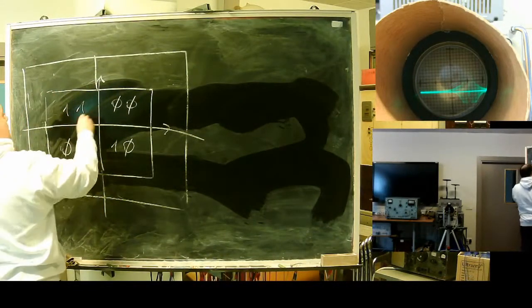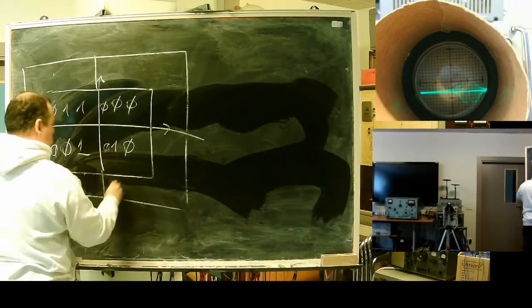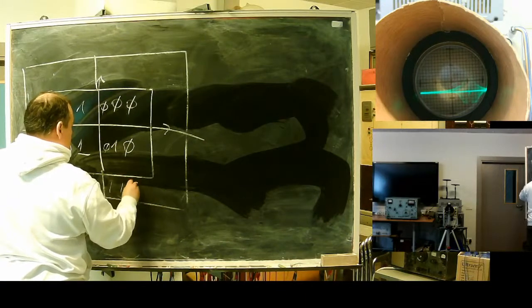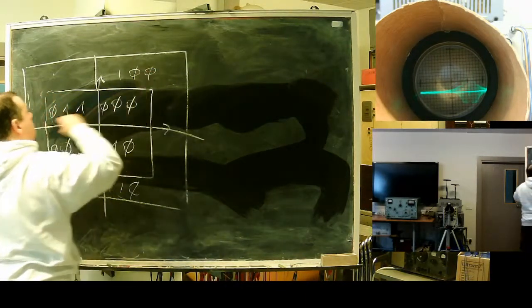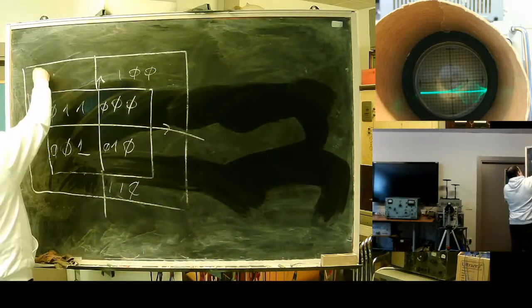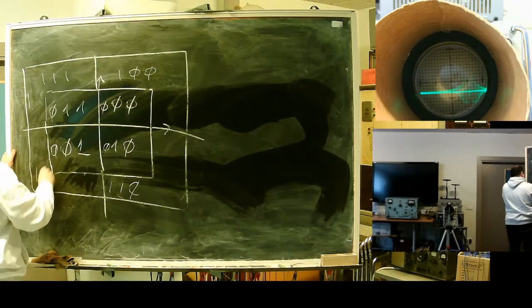For example, 0, 0, 0, 0, 1, 1, 0, 1, 0, 0, 1, 1, 1, and 1, 0, 1.